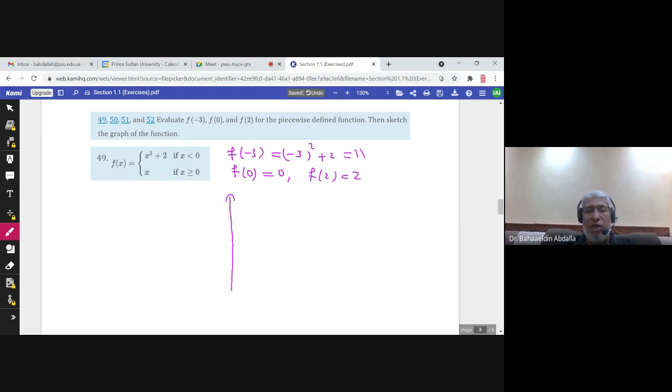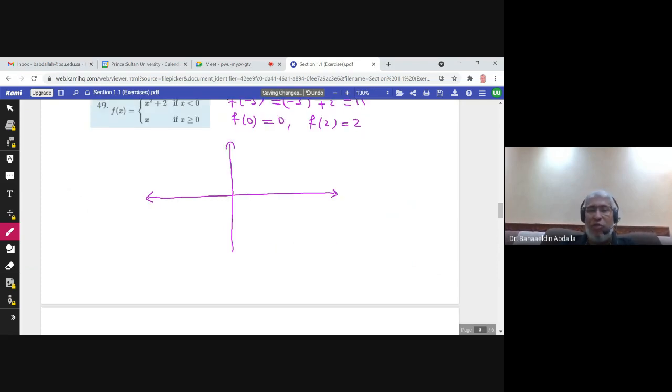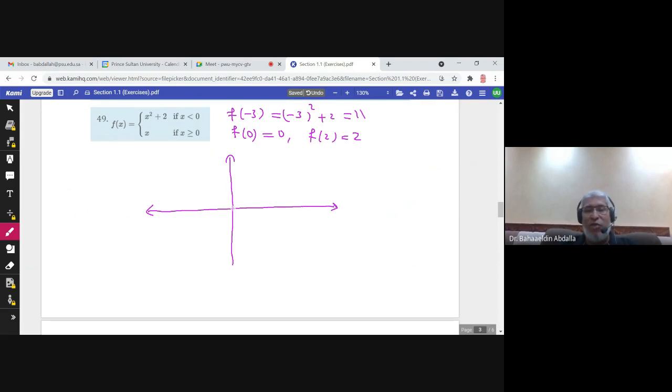Well, to sketch the graph of this function, I have to pay attention to the important number, which is 0, because to the right of 0, I have a definition which is x. So here we need to graph y equals x. To the left of 0, I have another function, which is x squared plus 2. Now, this is a straight line.